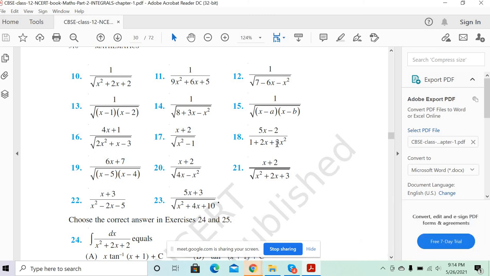The method of approach should be similar: the numerator should be equal to a constant times the differentiation of the denominator plus another constant b, right? And we should get the value of a and b, isn't it? Yeah. Okay, let's try it out now.